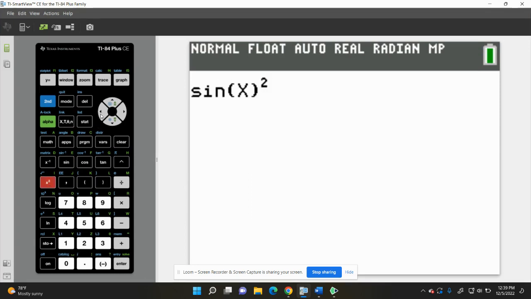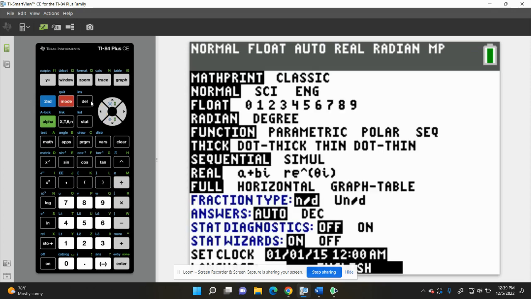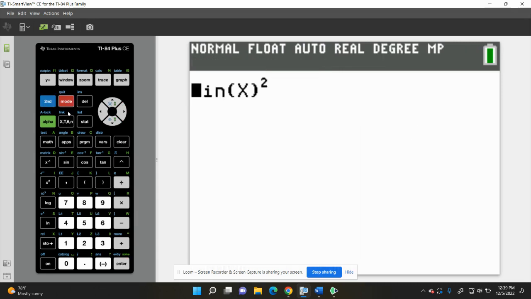Let's see if that works. So we know what's the sine of 30 degrees. Let me just change this to degree. Sine of 30 degrees is 1/2, right? So if I do sine of 30 degrees squared, that should be 1/4. Everybody agree with that?